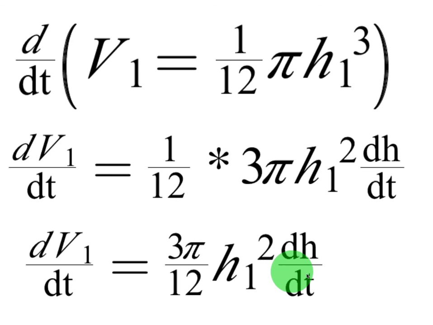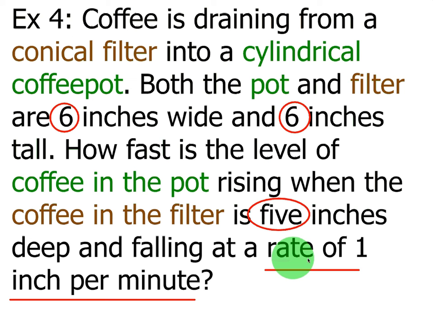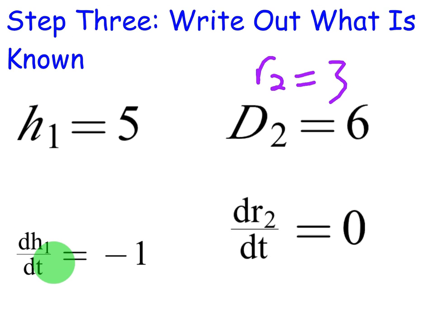Now, as mentioned before, we know the height of the coffee is 5 inches in the filter, so we can replace H1 with 5. And the problem gave us the fact that it was dripping at a rate of 1 inch per minute. We wrote that out for step 3, dH/dt is equal to -1 since it's falling or dripping out of the pot.